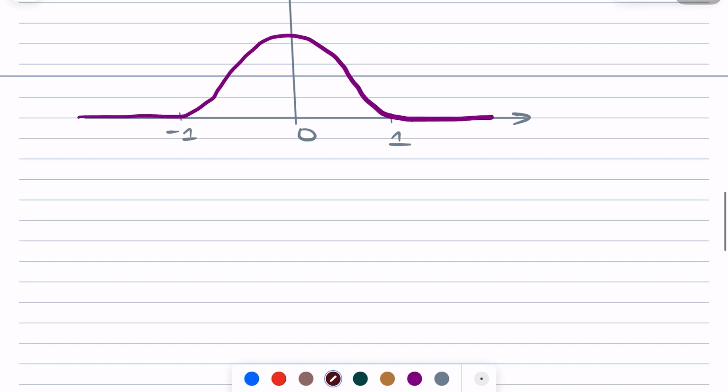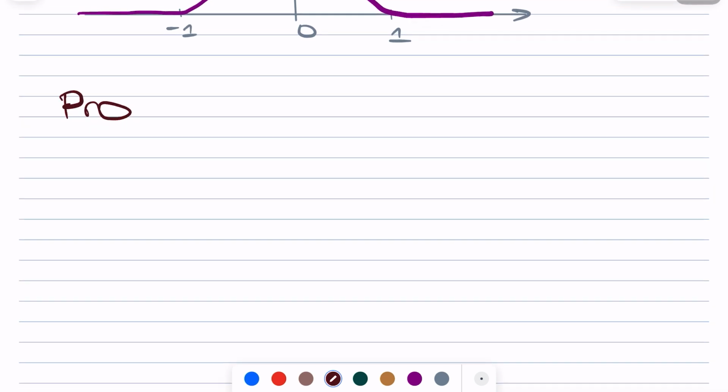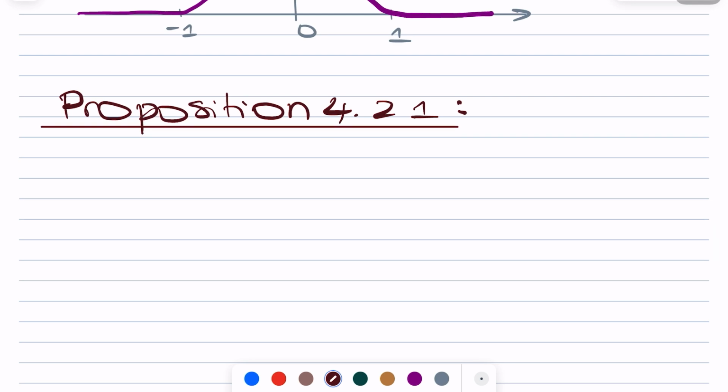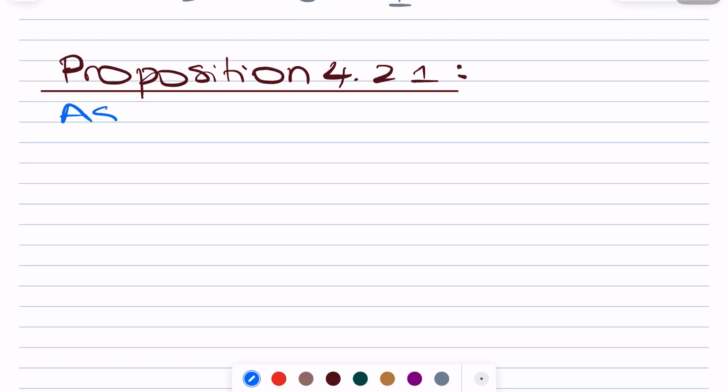Let's state our first proposition for this lecture. Proposition 4.21. Of course, this is in continuation with our lecture series that we started since the beginning. Assume f is a continuous function on R^n.